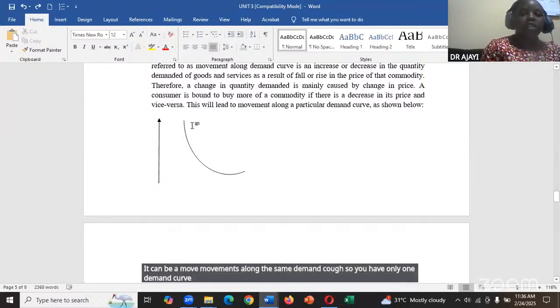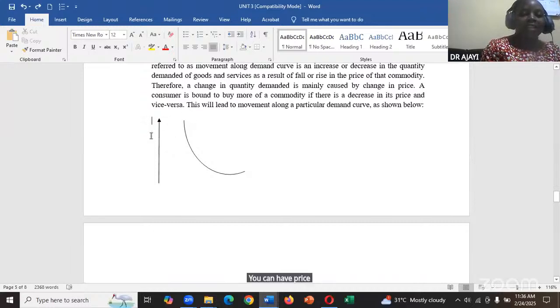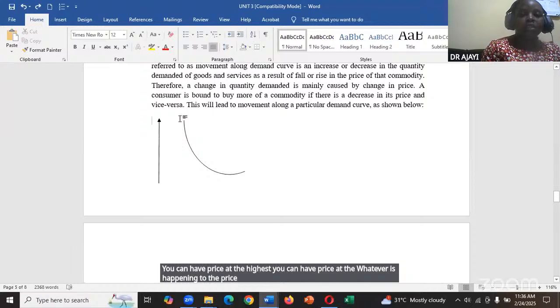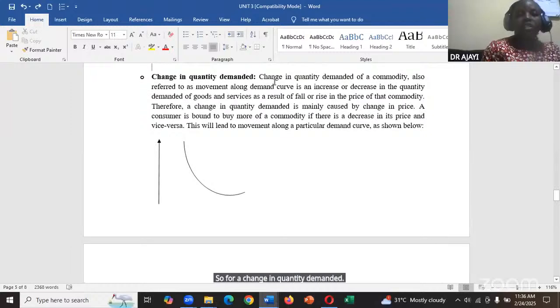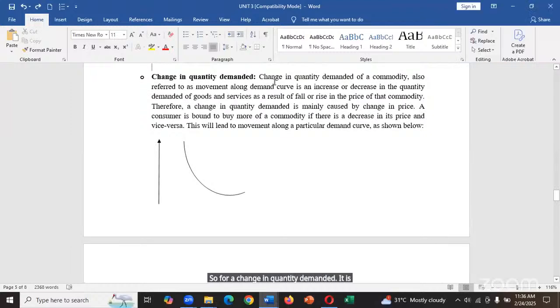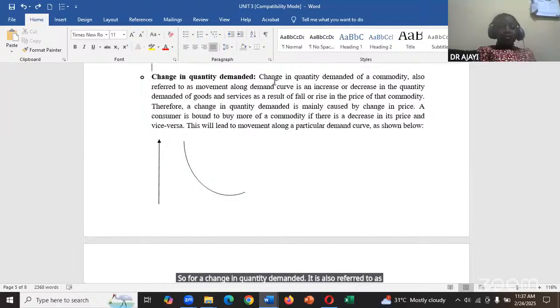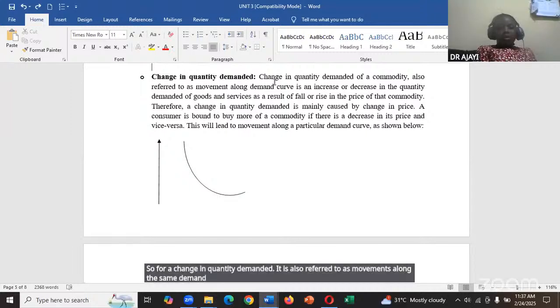Now for this demand curve, you can have price at the highest, you can have price at the lowest. Whatever is happening to the price will affect what is happening to quantity demanded. So a change in quantity demanded is also referred to as movement along the same demand curve. When price increases, what will happen to demand? It goes down.